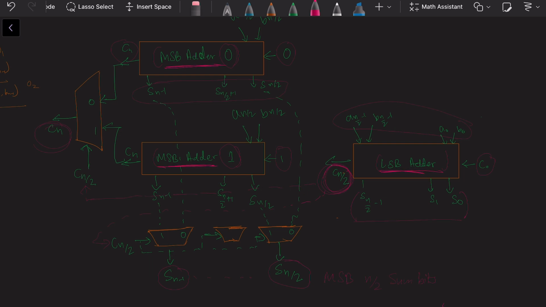The trade-off here has been that we have to replicate, or rather create, two copies of MSB adders, because we need to compute two sets of values assuming Cn by 2 to be 0 and 1.